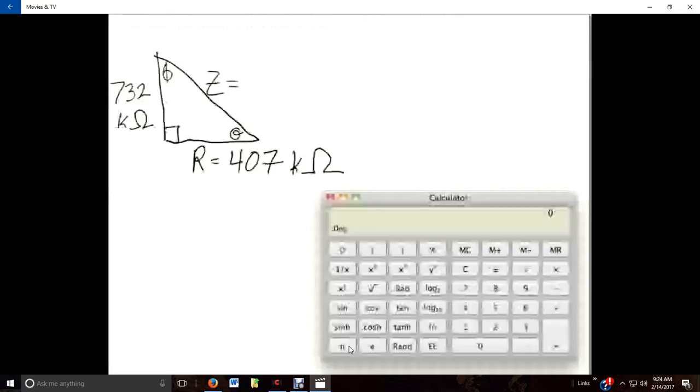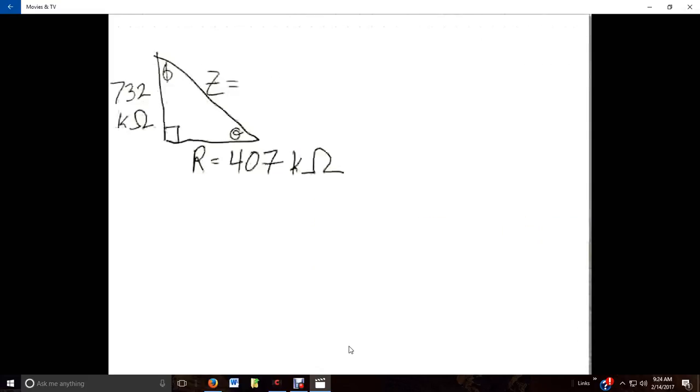We'll just punch in 732 squared plus 407 squared equals, and then we'll take the square root of that, and we get an impedance of 837.5, or rounded appropriately for your problem, for your exercise.